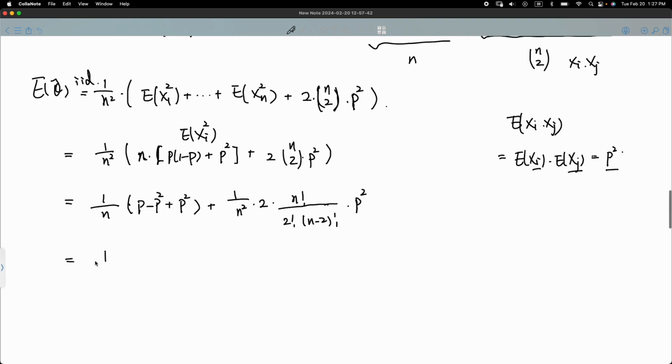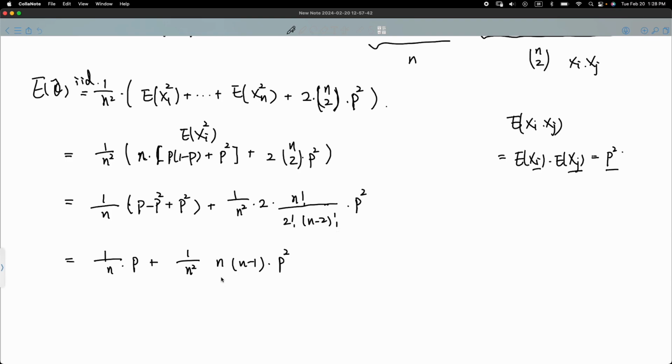And this is 1 over n multiplied by p plus 1 over n squared. And then this 2 and the 2 factorial cancel out. And then we have a copy of n, and then n minus 1. And the rest of the n minus 2 factorial cancels out with that, so we have a p squared.